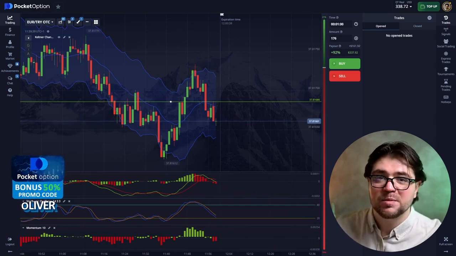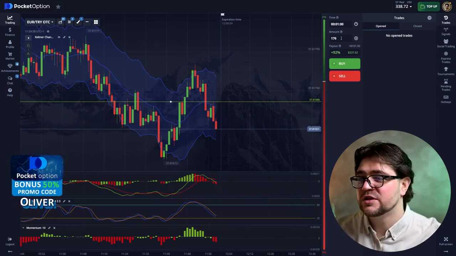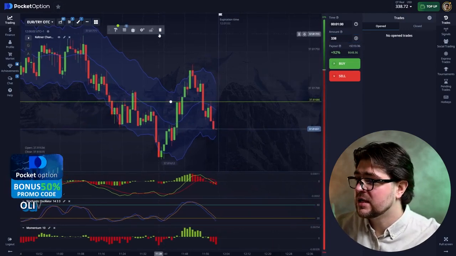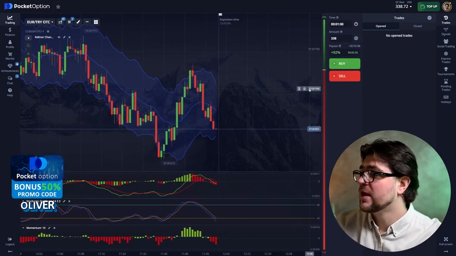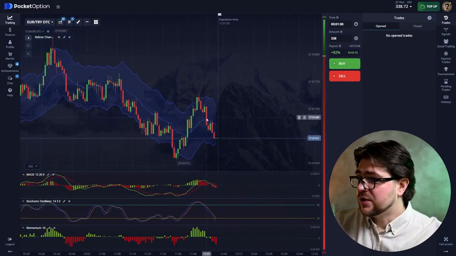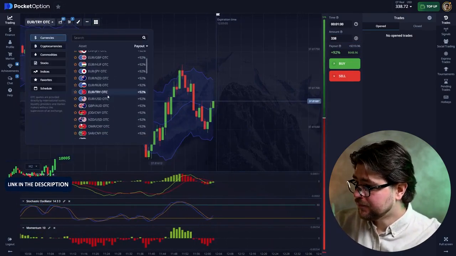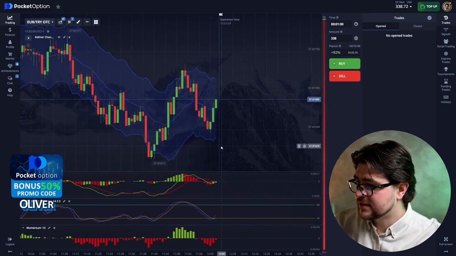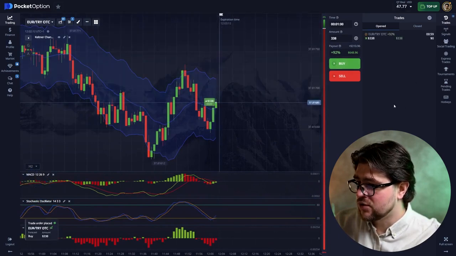We get the bigger profit. The bigger the amount, again the bigger the profit. So we're gonna go ahead and place 28, delete those, and continue with the next asset.